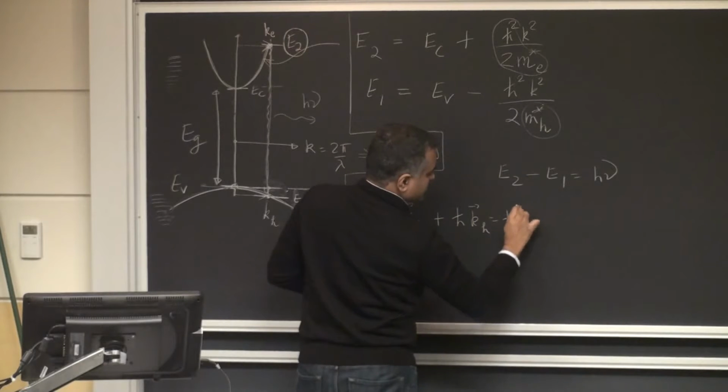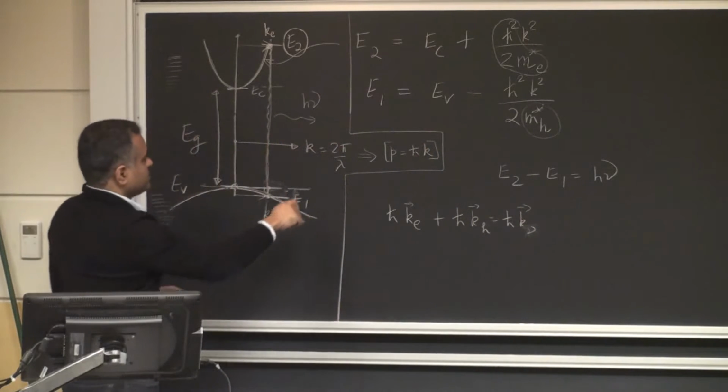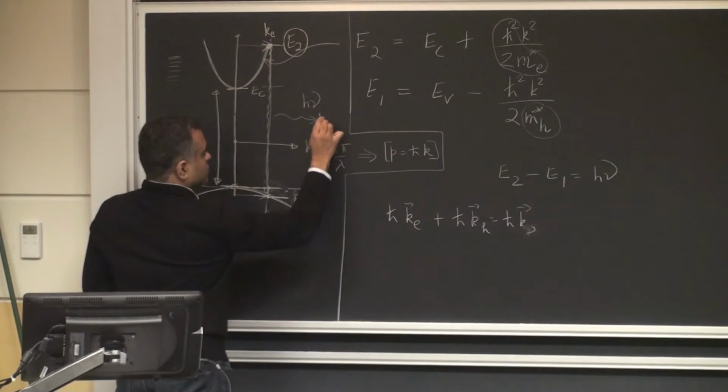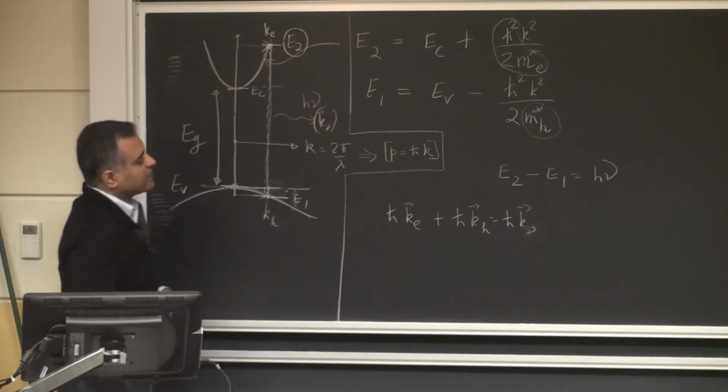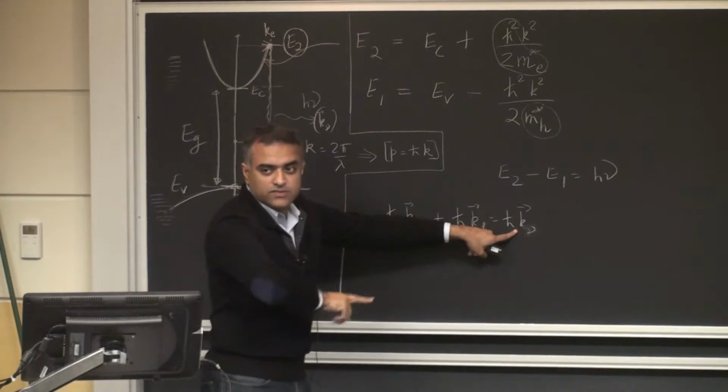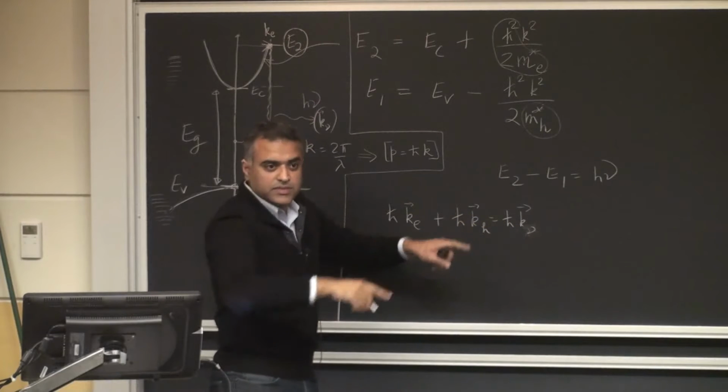Let's write k sub nu, for the photon that is emitted. So it will have its own k. And the k of the photon is 2 pi by its wavelength, and then the direction is the direction in which that photon is going. So that's the meaning of that.